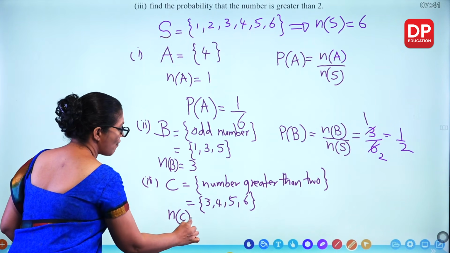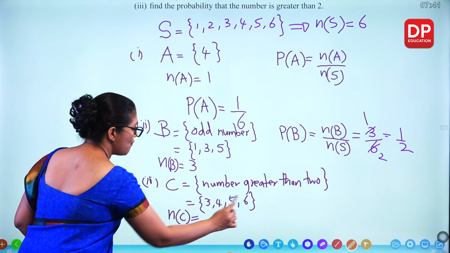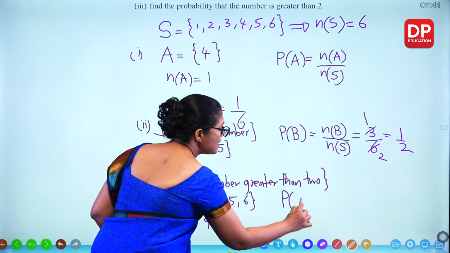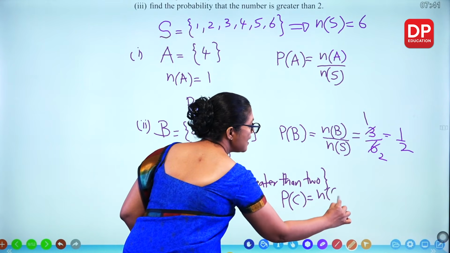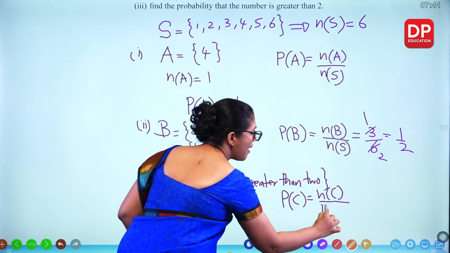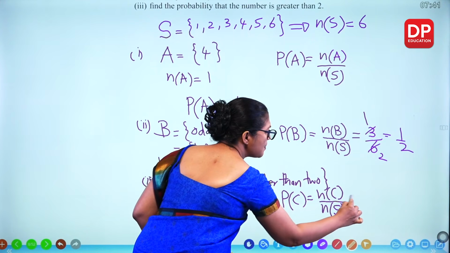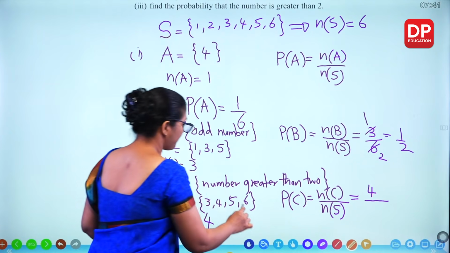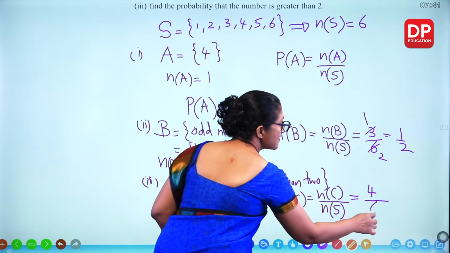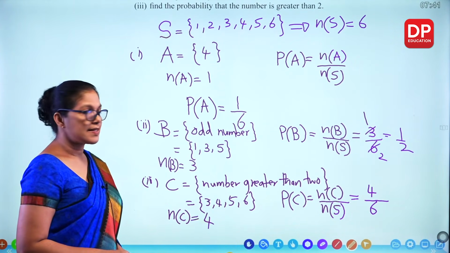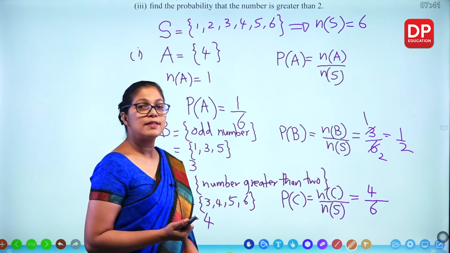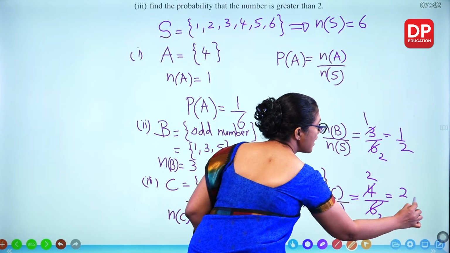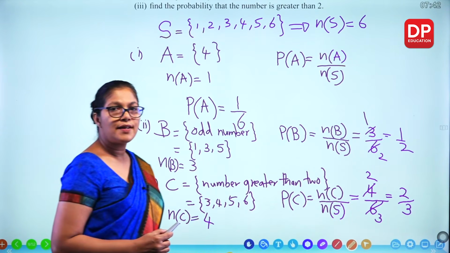What's in C? Number of elements in C? 1, 2, 3, 4. Then calculate the probability. Probability of C is NC, number of elements in C, divided by number of elements in the sample space. NC is 4 over, altogether 6 is the sample space. Simplify. 2 times 2, 2 times 3, you get 2 over 3.